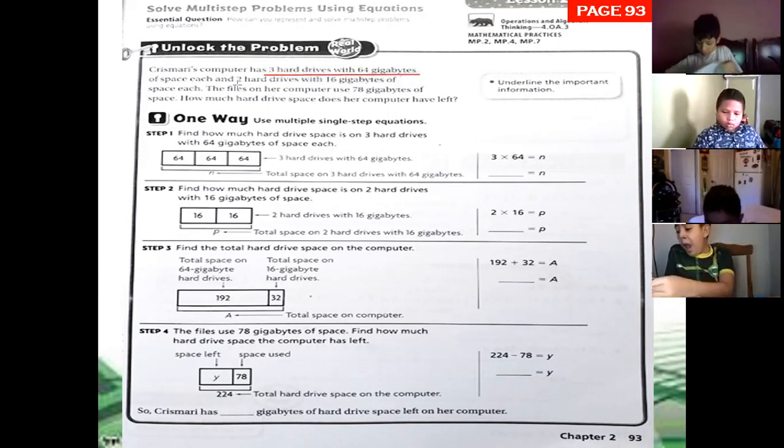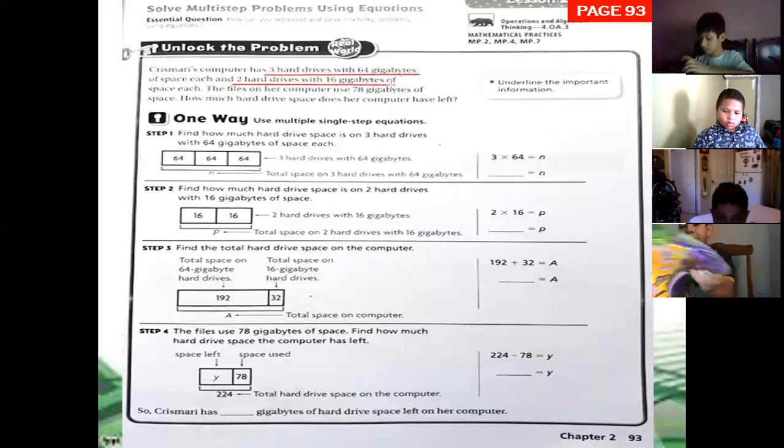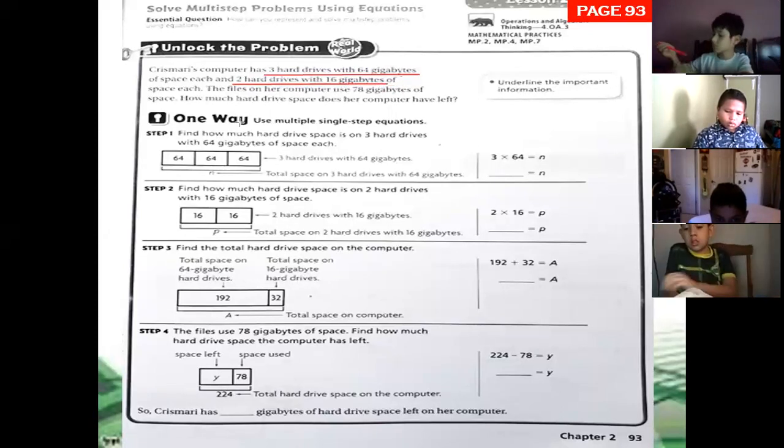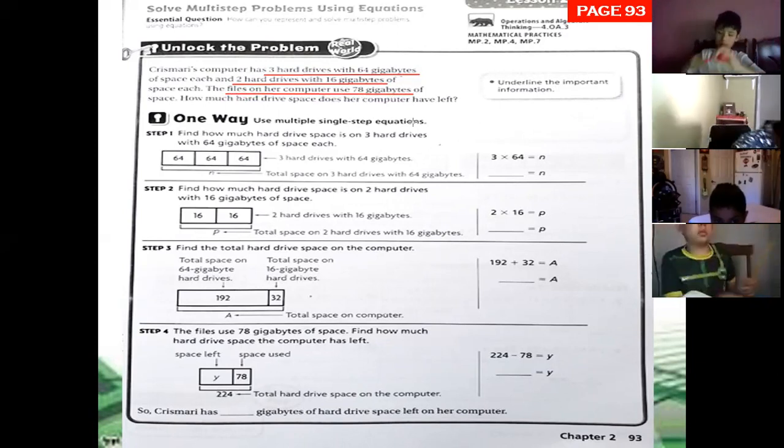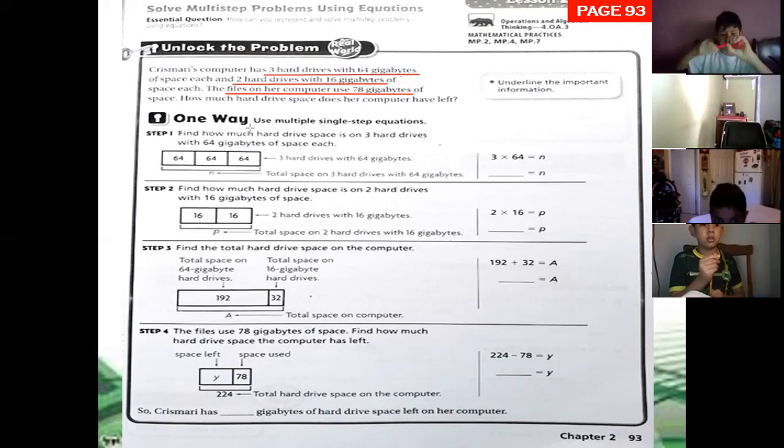This is one, has 3 drives with 64 gigabytes each, and also has 2 other hard drives with 16 gigabytes. And the last one is we need to know the files on her computer use 78 gigabytes. This is talking about space, okay?